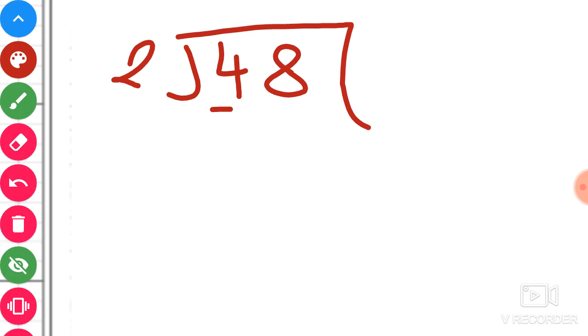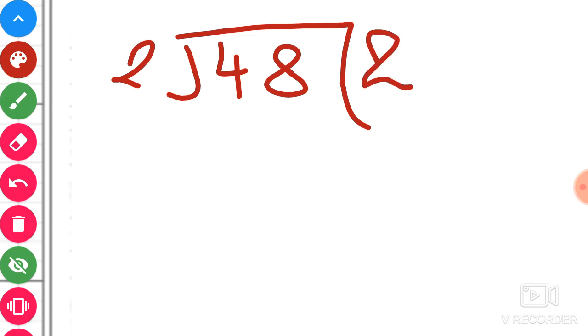Now take kids, 2 के टेबल में 4 आता है क्या? Do we get 4 in 2's table? Yes. We get 4 in 2's table in 2 times. 2 2's are 4. So we will write 2 here.